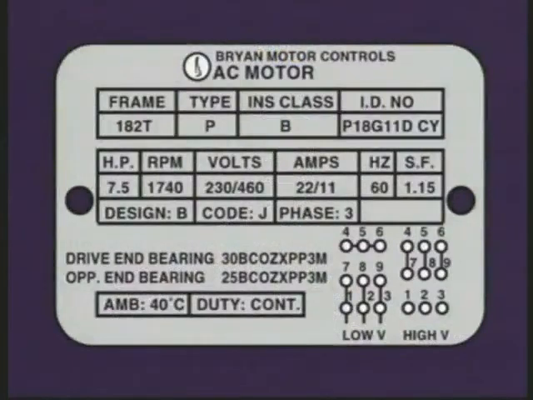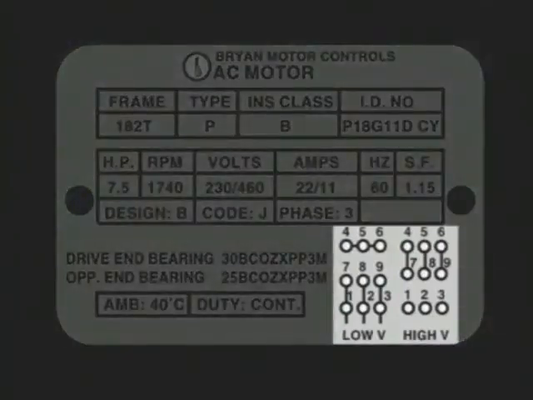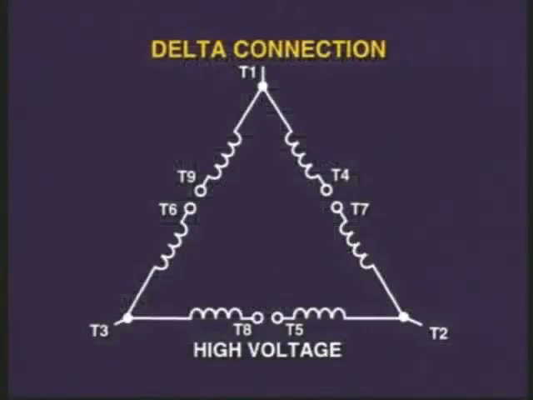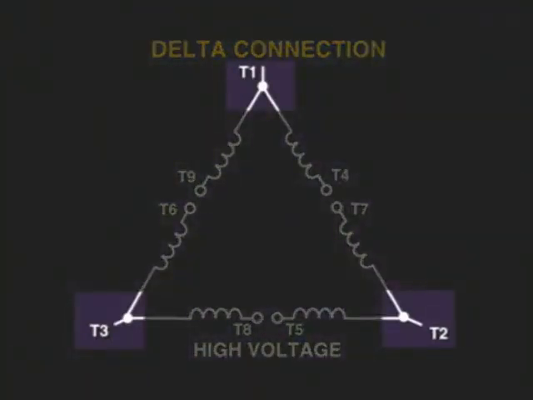As you can see, a motor nameplate may indicate 2 terminal configurations, one for the low voltage and one for the high voltage. The squirrel cage dual voltage delta wound motor has 9 terminal leads. This 9-lead delta motor configuration also numbers the terminals in a clockwise direction, starting at T1, T2, and so on to T9.